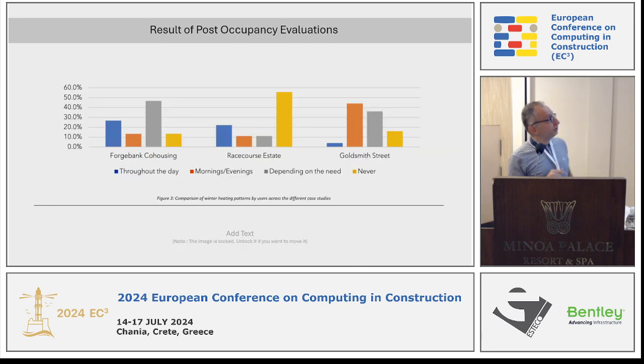So this is a snapshot of the data, post-occupancy comfort, and you can see here we asked people, as a percentage out of 100, how satisfied are you, how dissatisfied are you throughout the day, mornings, evenings, dependent on the need, never dissatisfied.